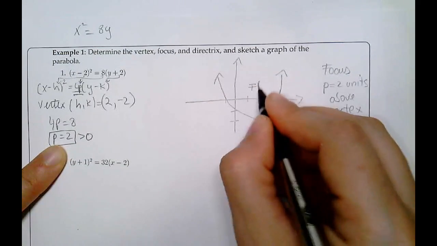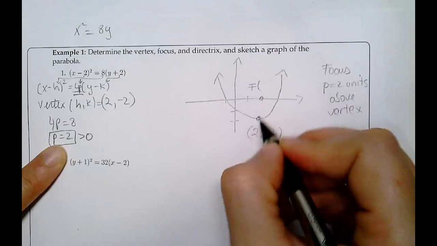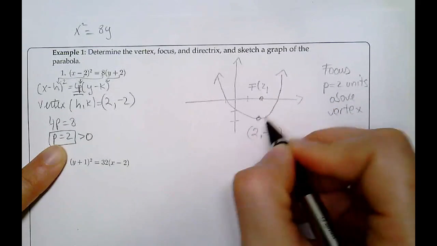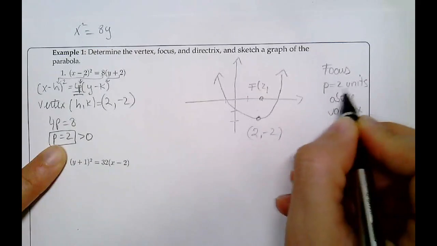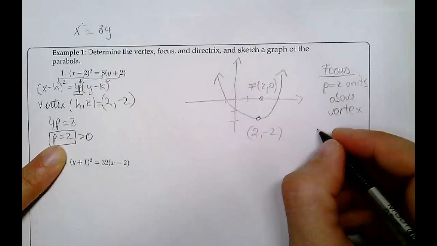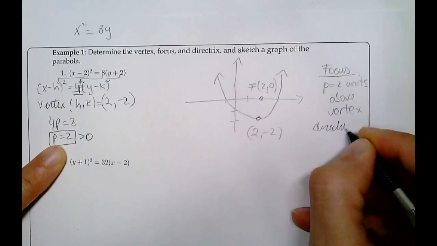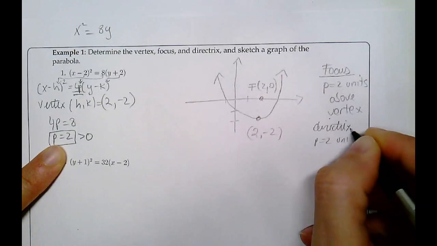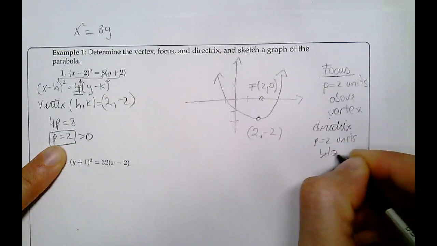So the focus has the same x-coordinate as the vertex, 2, but the y changed because we moved it up 2 units. So -2 plus 2 is 0. And then the directrix is p equals 2 units below the vertex.